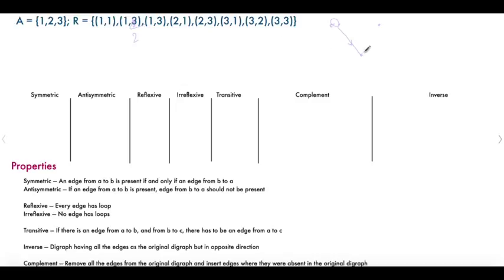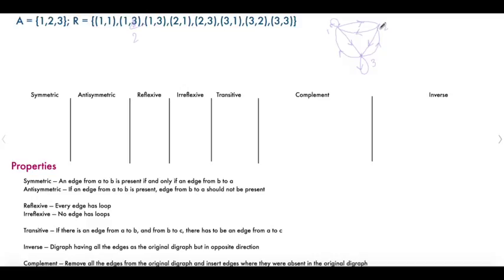Then 1, 3, 2, 1, 2, 3, 3, 1, 3, 2, and 3, 3. So now you can see that it has all the possible edges except the loop here.